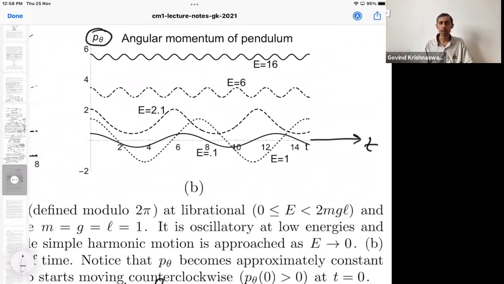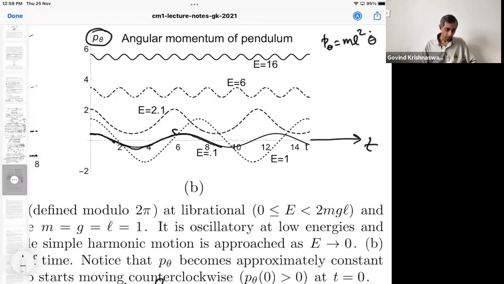Energy is conserved, so I have done this for different energies. Remember that p theta was given by ml squared theta dot, so I am basically plotting that.